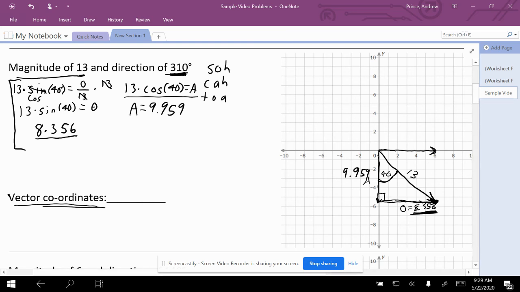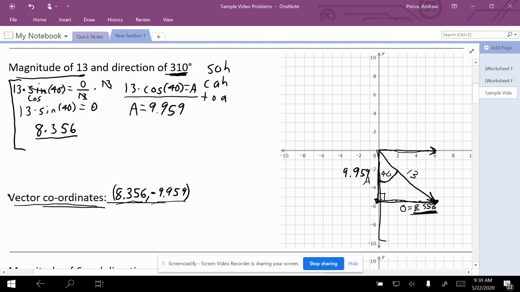Well, x is going to be traveling in this direction, which takes me to my 8.356. And the 9.959 is traveling down in this direction, which is in the negative y direction. So my x and my y is negative 9.959.